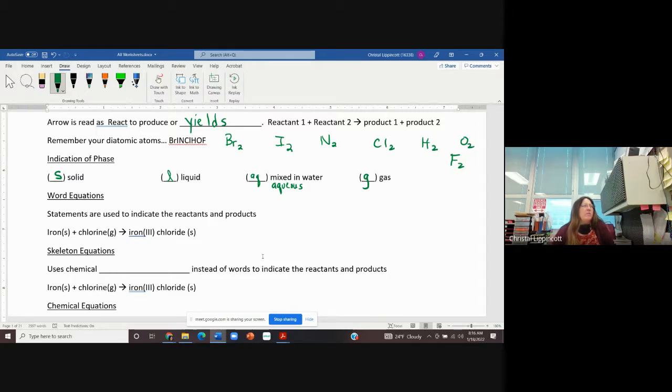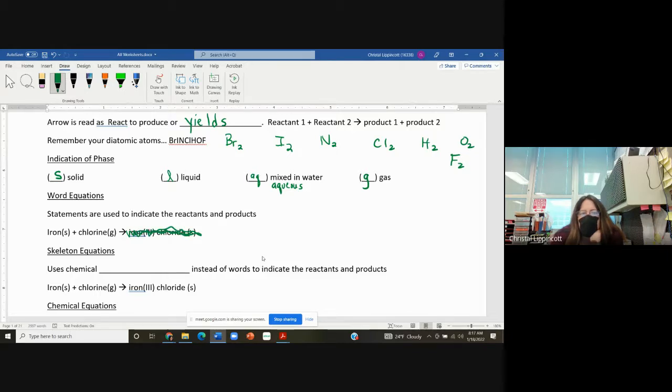Oh, my sugar. Okay, so there are word statements, and these are typically what I will give you, and then you have to know how to write the formulas because that's what we spent a month or so on. And we'll even get to the point where I'm not going to give you this part.